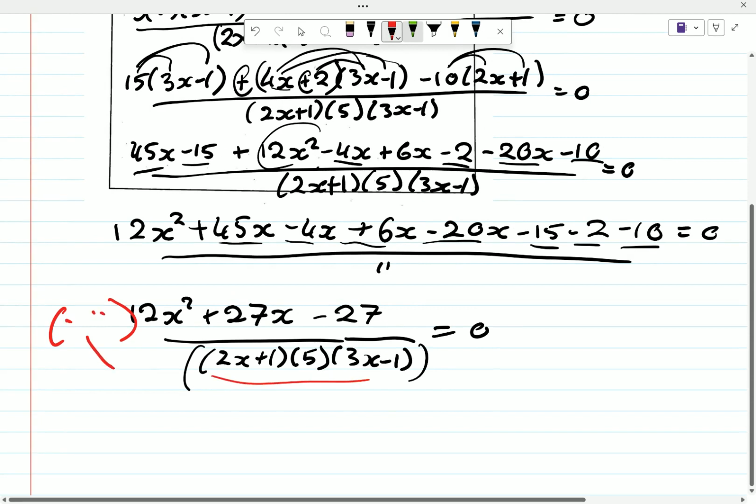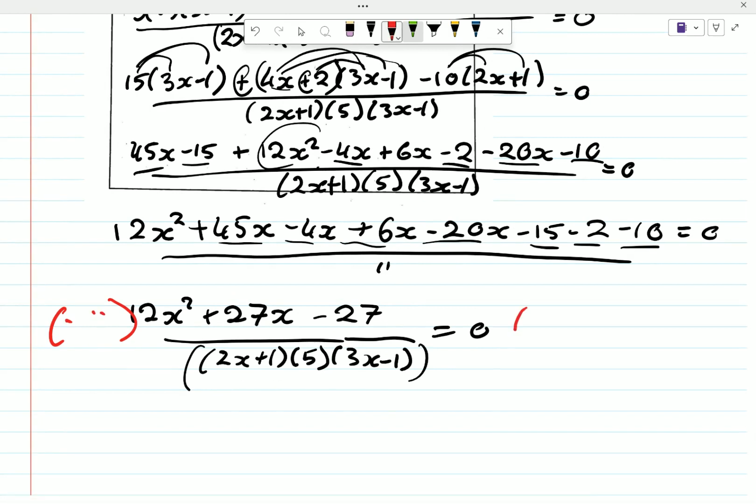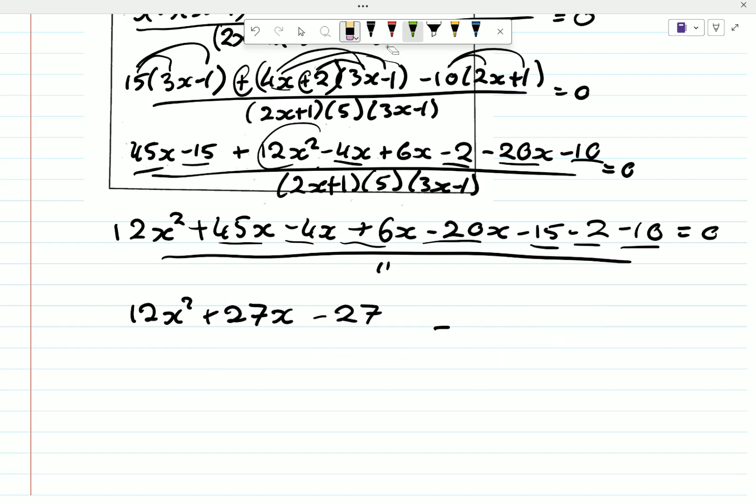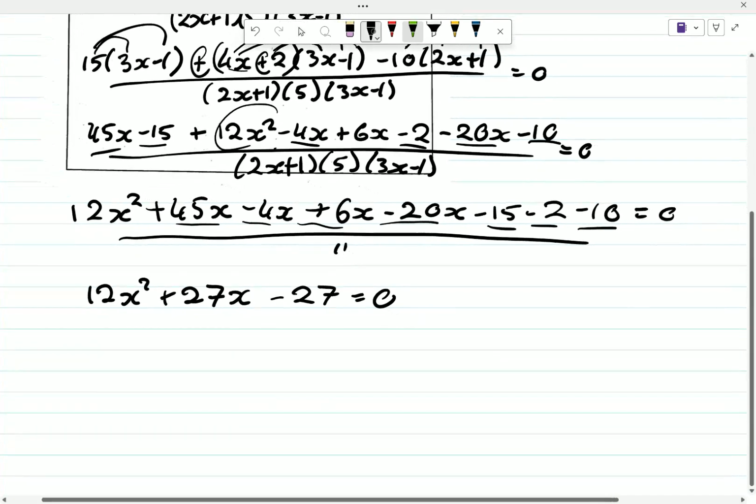Pretend this is all up here and we're multiplying. We're going to multiply by the same thing over here. But these are just going to cancel, and 0 times anything is just 0. So we can just completely forget about this bottom line down here. And we can just have the equation, the top line, whatever we got in the top line, equal to 0. And we can see this is what we wanted.